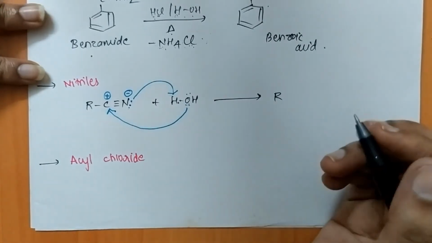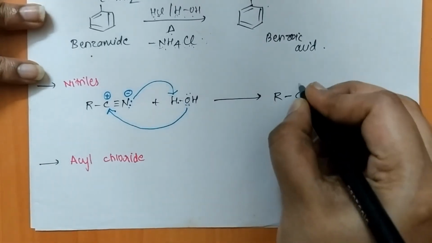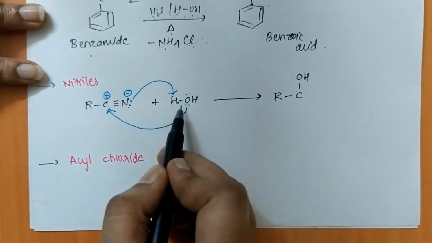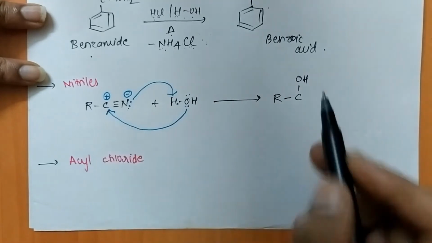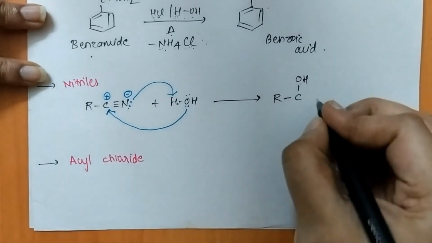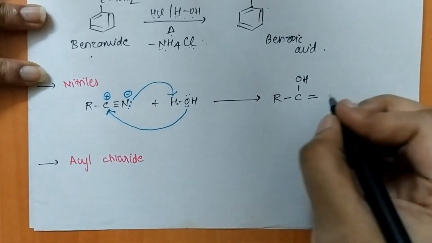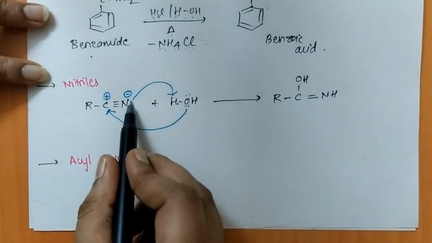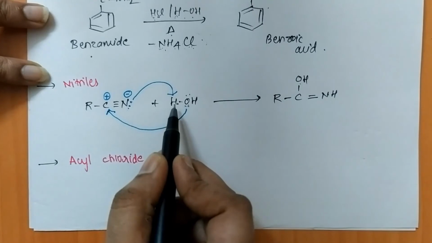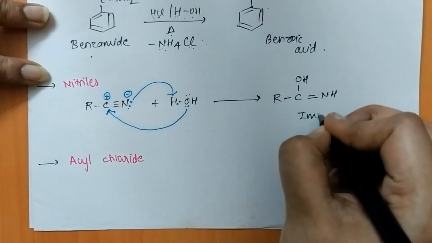Imine is a highly unstable compound. Since this OH is going to combine with C, we get C-OH, and we get a double bond to NH. That is, this electron has combined with the H, and therefore this particular compound is called an imine.